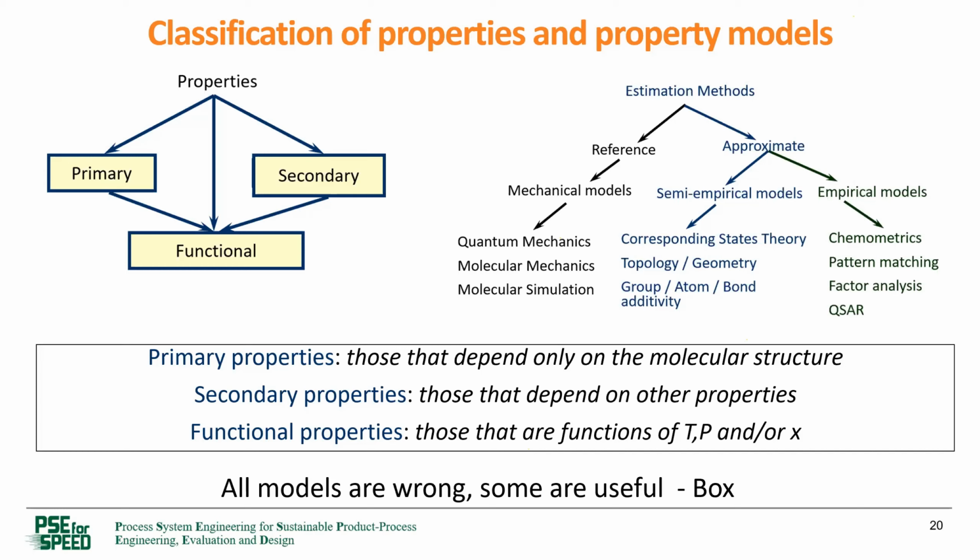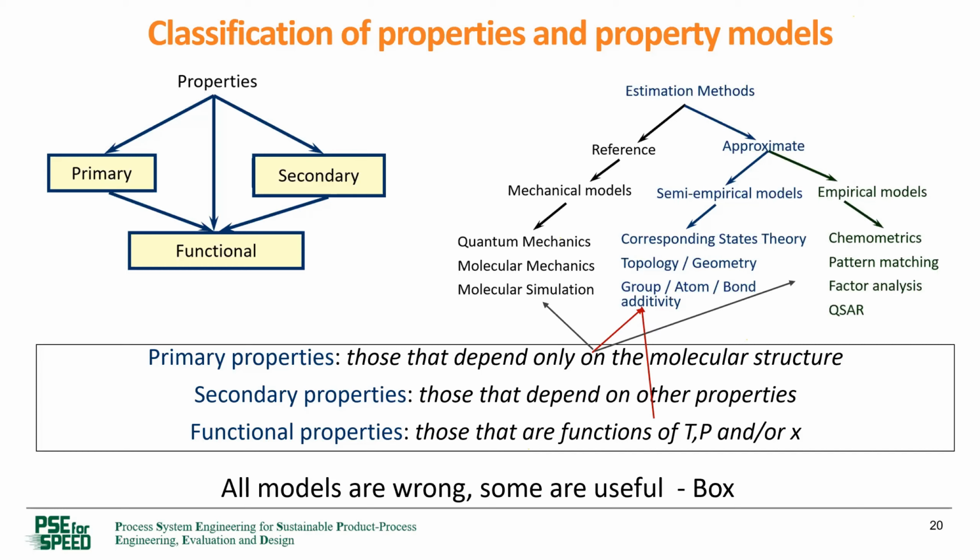So what are the methods and models used for different kinds of properties? This webinar will highlight primary properties and functional phase equilibrium properties. We will highlight the group contribution approach and also equations of state.